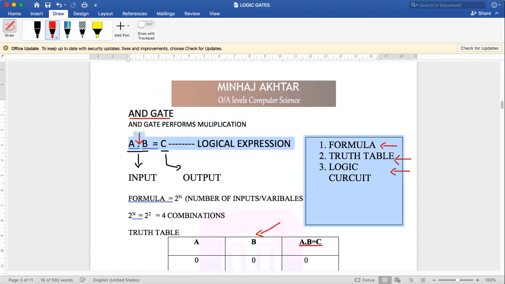Of course, you know the basics of addition, subtraction, division, multiplication. And the basics of multiplication is we need to apply a dot, or sometimes the numbers are written without dots like this, right? So if you find a dot or the numbers with no signs, it means the values are multiplying. So in computing, multiplication is known as AND gate.